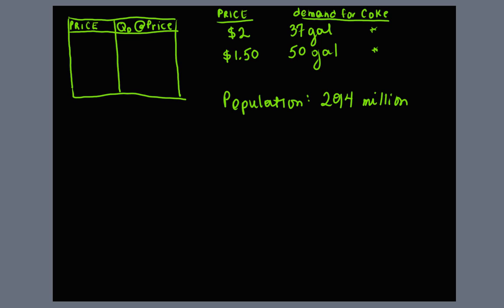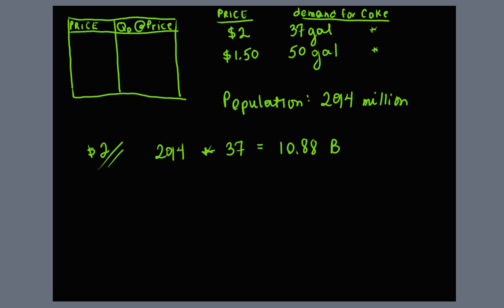So let's consider the case where soft drinks are $2. At $2, all I really need to do is multiply 294, and we know this is in millions, times 37 gallons of soft drinks, and that gives me 10.88 billion gallons of soft drinks.